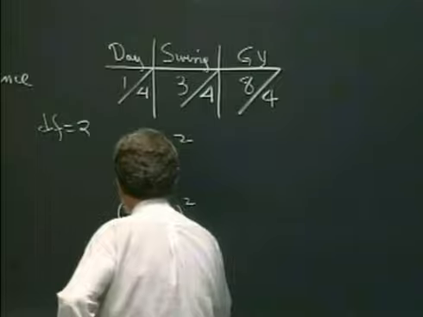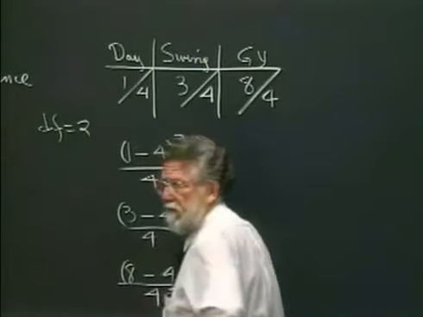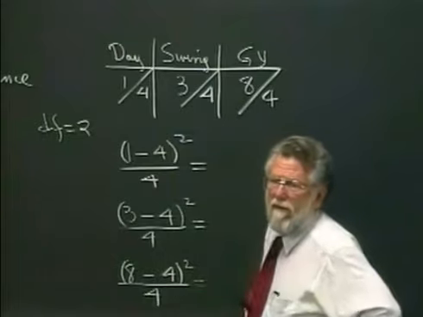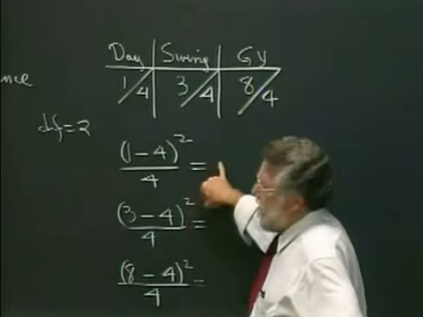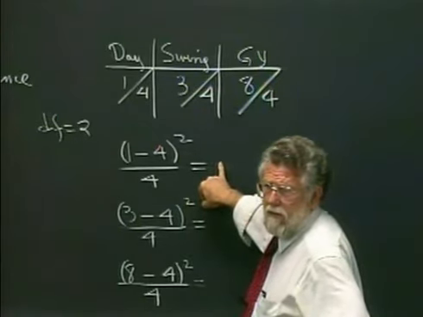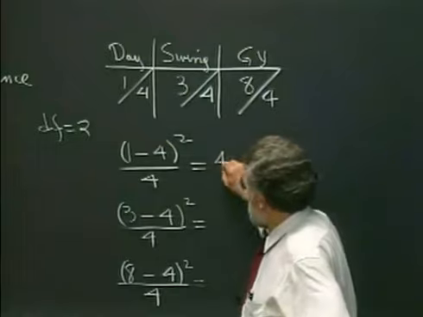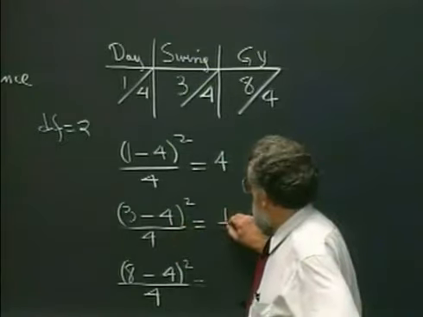And divide by 4. And what do we get when I add all this together? Well, here I'm going to have 16 over 4, correct? So that'll just be 4.